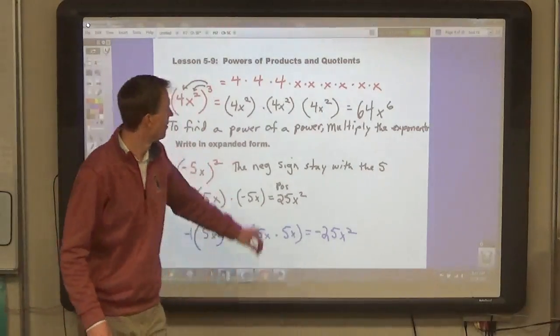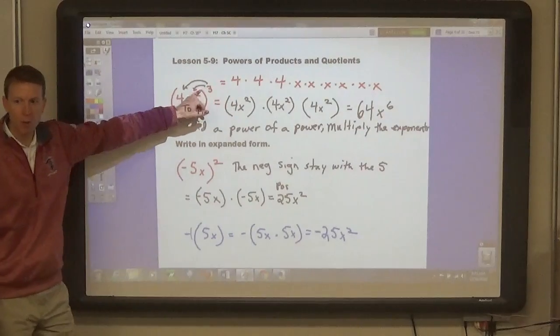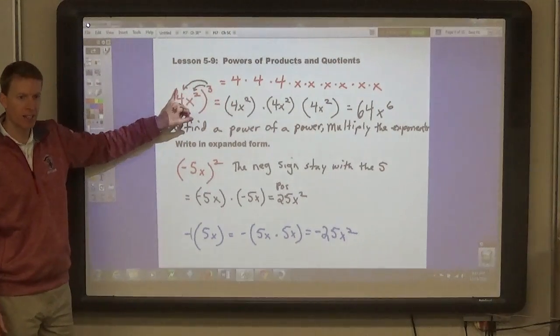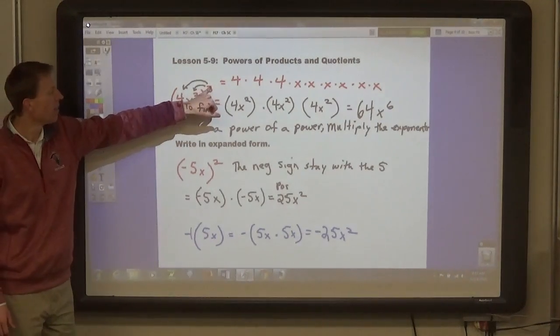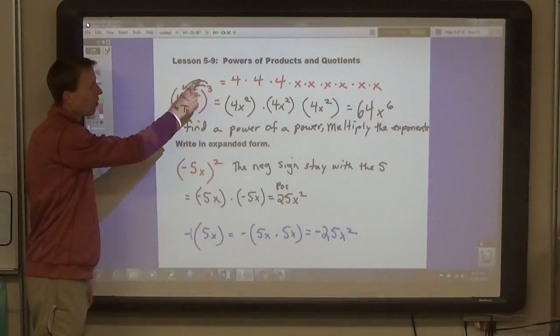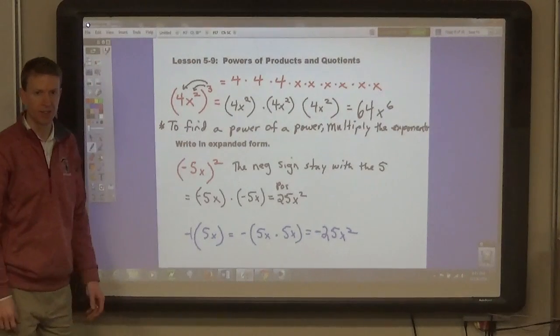So a power of a power you multiply, and if the exponent is outside parentheses, it applies to everything inside the parentheses. Okay? That's what these arrows mean. This 3, the cubed exponent, goes to the 4, and it goes to the x squared.